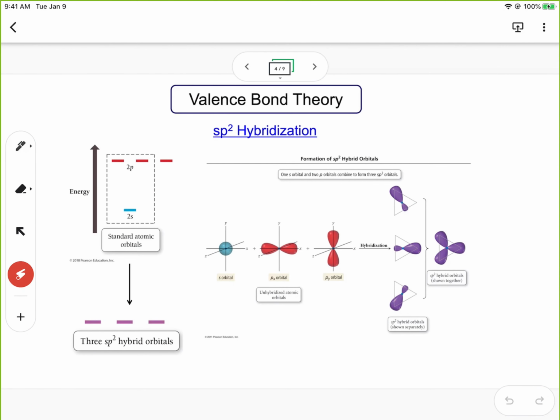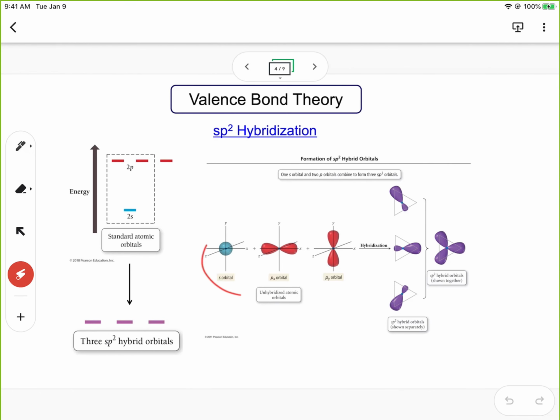Now let's take a look at sp2 hybridization. Here you have 2s and 2p orbitals. If you mix these 3 orbitals together to generate 3 equivalent atomic orbitals, we call them 3 sp2 hybrid orbitals. The s again represents the 2s orbital, and the p the 2p, and the superscript 2 means 2 of the 2p orbitals are involved in these hybrid orbitals.